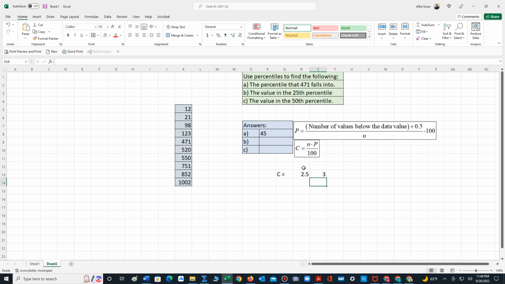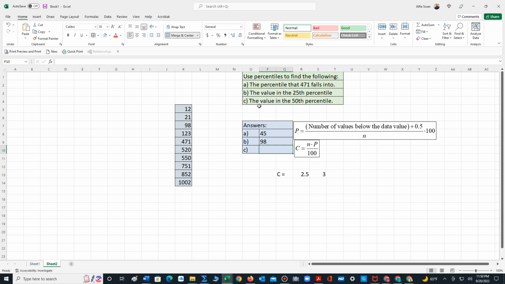So it'll be rounded to 3. And then C informs us how many spaces we count from the start of the list to get to the data value. So we count 1, 2, 3. 98 is the value in the 25th percentile.